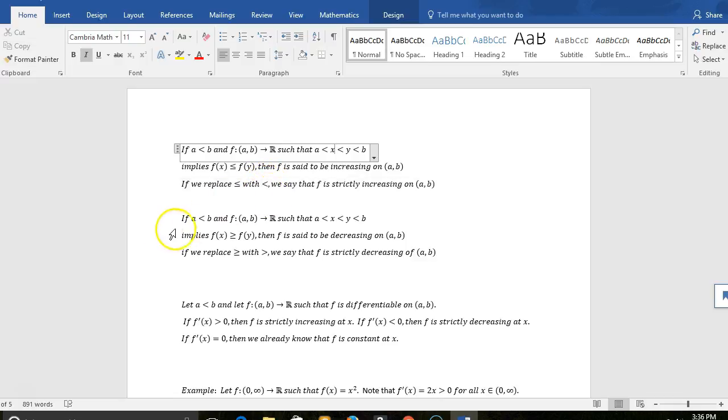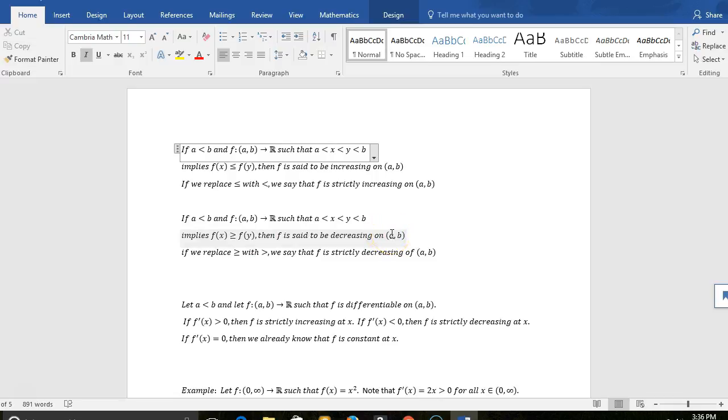Okay? And in a similar fashion, you can replace increase with decrease, and you'd have a greater than or equal to here, and you would be on your way down.